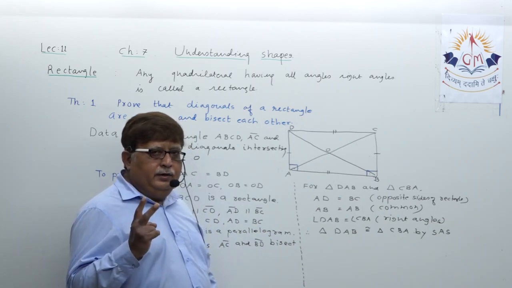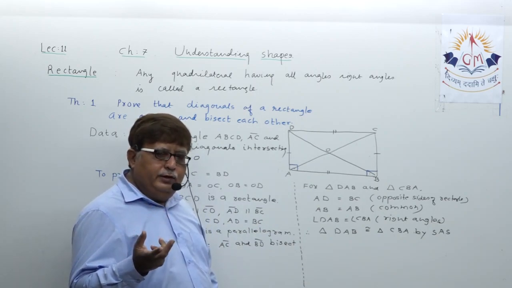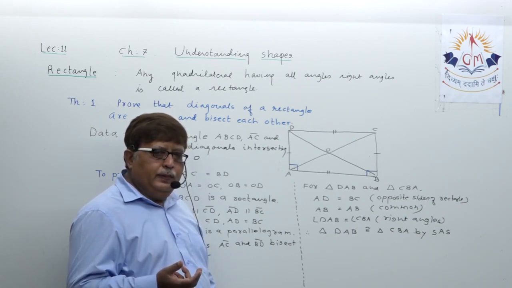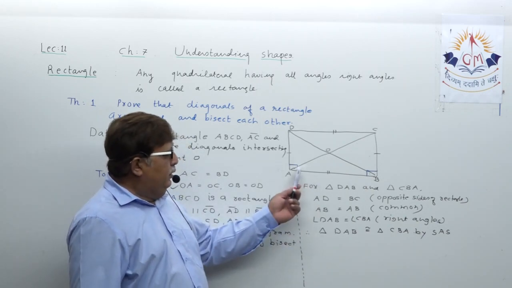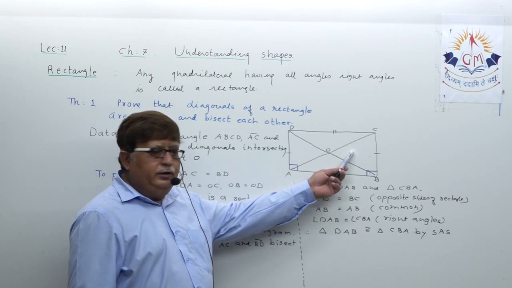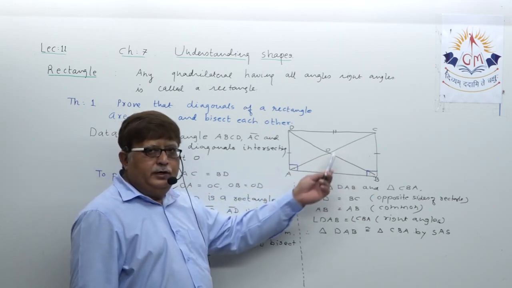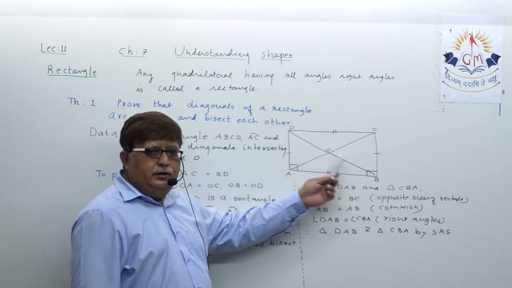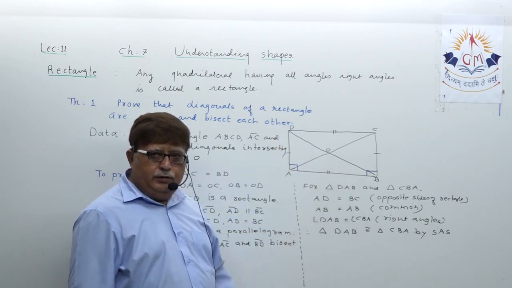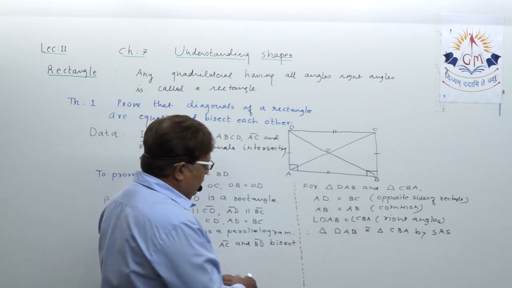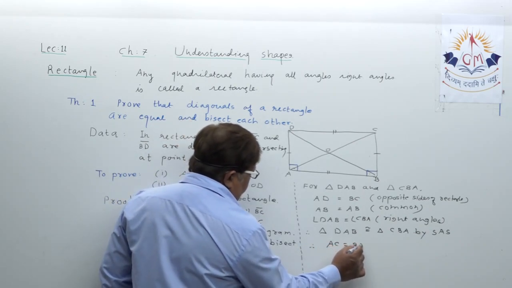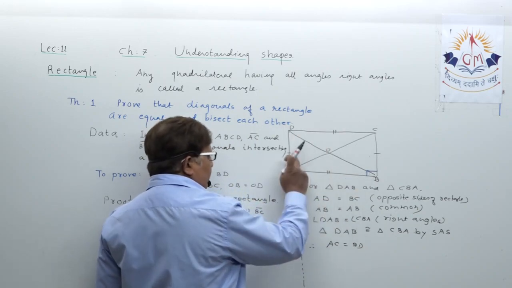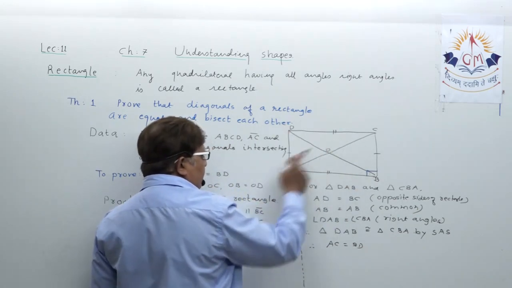When these two triangles are congruent, obviously all other corresponding parts, meaning other sides and angles, are also congruent. So AC belongs to this triangle, BD belongs to this triangle. So BD equal to AC. Therefore AC equal to BD because these two triangles are congruent.